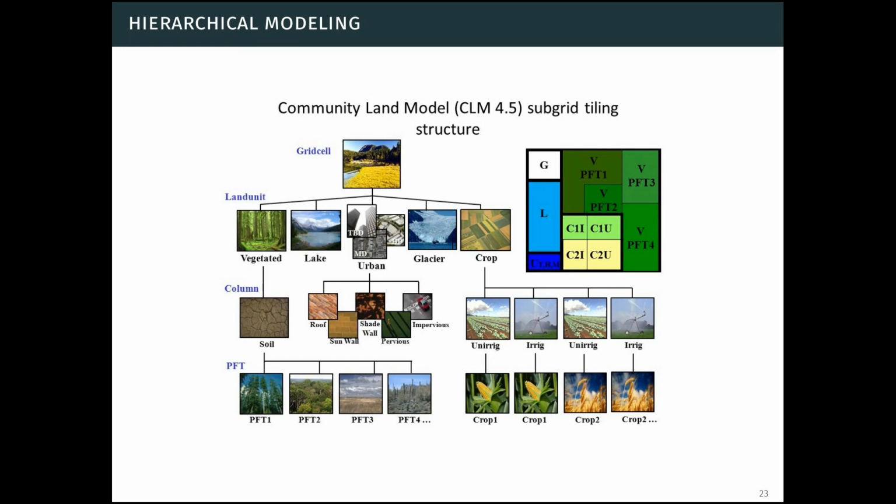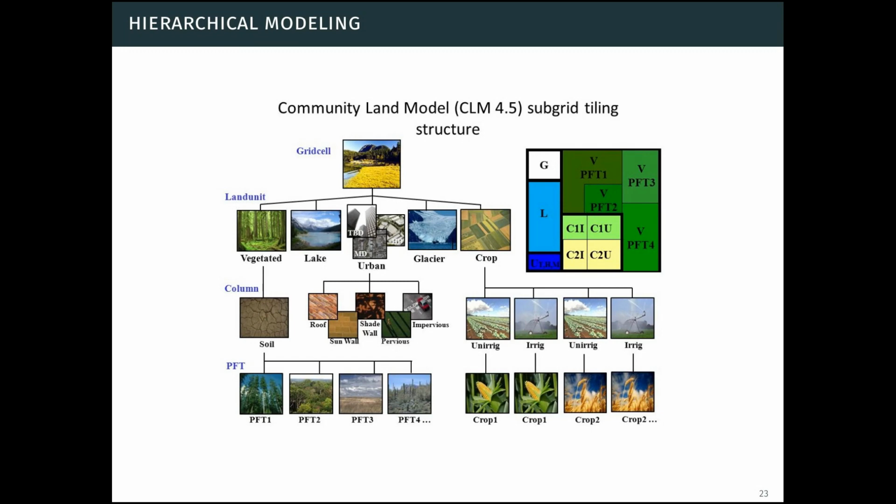So a single grid cell can have an arbitrarily complex tiling of different land cover types, but all that the atmosphere sees is a single area-weighted flow that's averaged together from all these different land types. This is computationally much more tractable, because you can parallelize all of these different tiles and then have your atmospheric model work with them together.